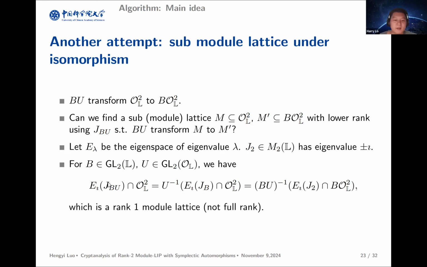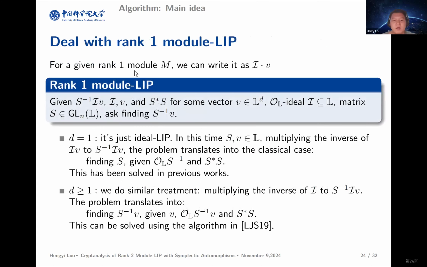It turns out that E sub i of J sub BU intersected with O sub L squared satisfies the conditions for the submodule lattices. The remaining part is how to deal with the rank 1 modules in the same number field, mainly using the previous work, as well as some little tips.